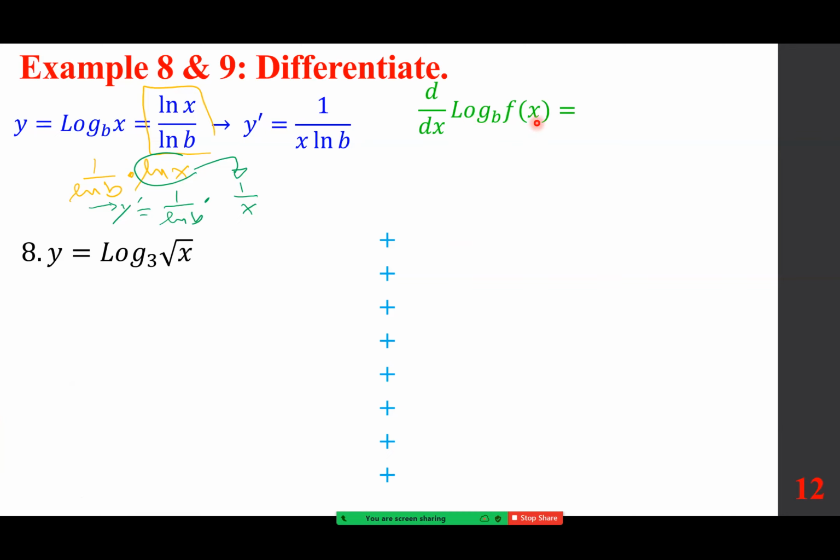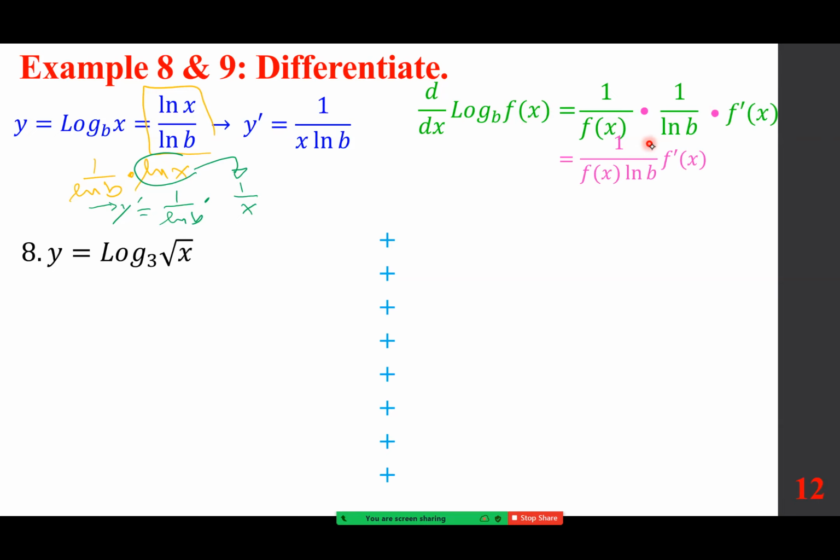Because it's log, reciprocal of the argument, 1 over f of x. If the base is e, so be it. If not, 1 over ln b. By the chain rule, we need the derivative of that, f prime. Put them all together. This is the answer.